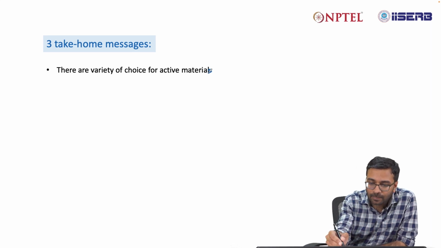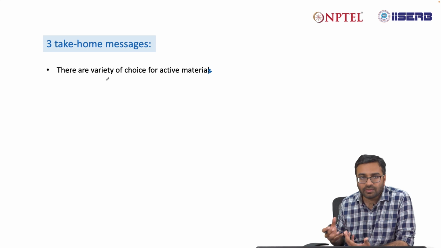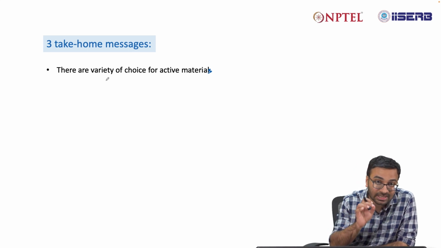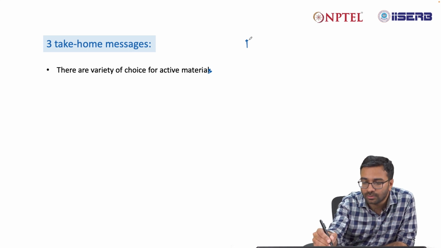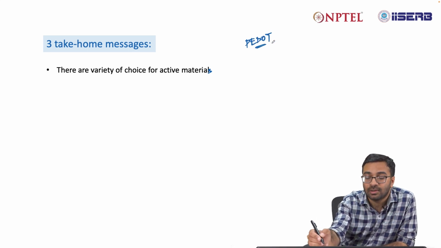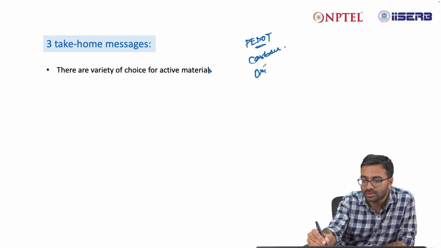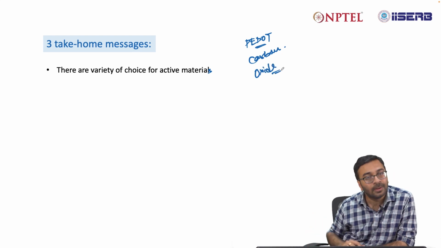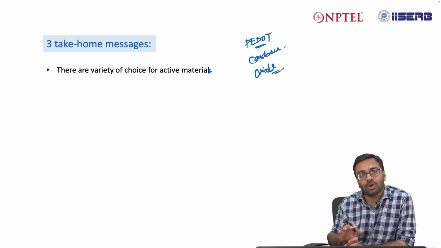One can use different types of active materials even for a single sensing application. Say for temperature sensing only, one can use a PEDOT based sensor, a carbon based temperature sensor, or an oxide based temperature sensor. So there are multiple options available.